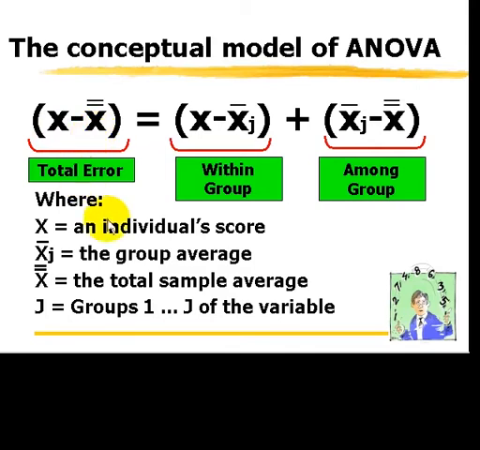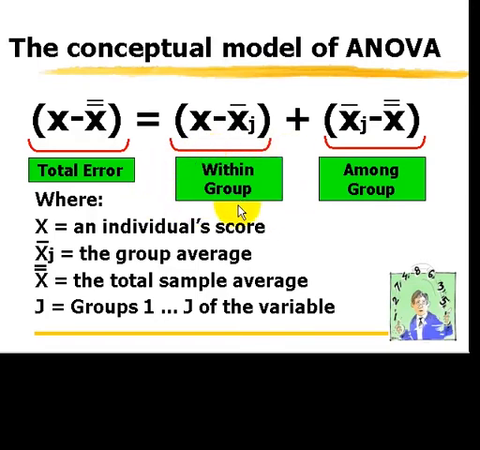Now the within group error, what this means is that each individual score minus the mean score for the group average. The group average here. So this is an individual female score minus the score for the average of all of the females. This is an individual male score minus the average score for all of the males. So this is what we mean by within group error.